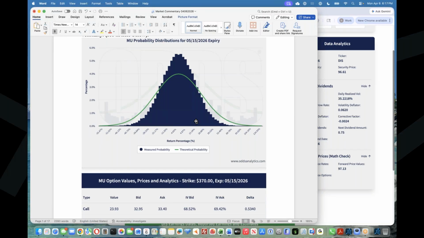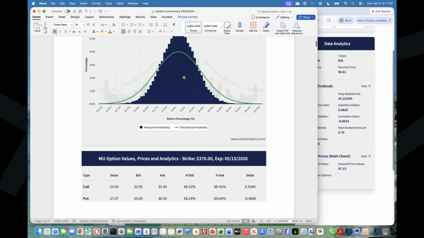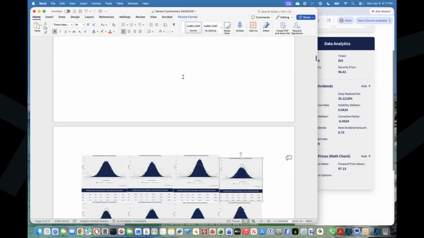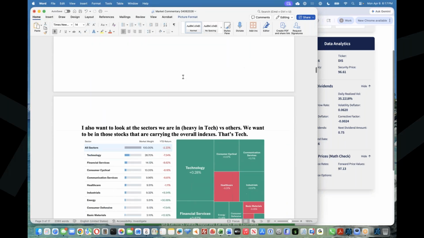Is the market going to tame their expectations and have them come back to the realized volatility, or is realized volatility going to increase and go up? And that's where the uncertainty lies. When uncertainty is really big, nobody knows which way it's going to go. You can make a case for either one, but it's got to resolve at some point because volatility always returns to the mean. And so we'll see how things play out over the next few days here with war stuff and what happens tomorrow after the deadline passes.